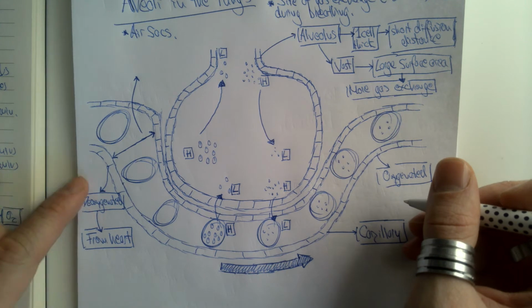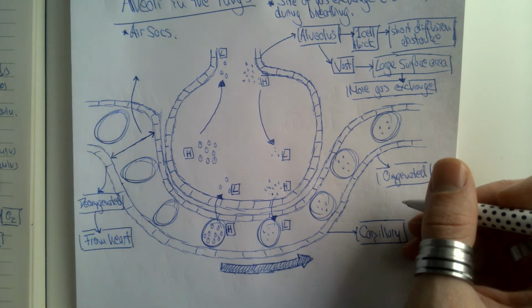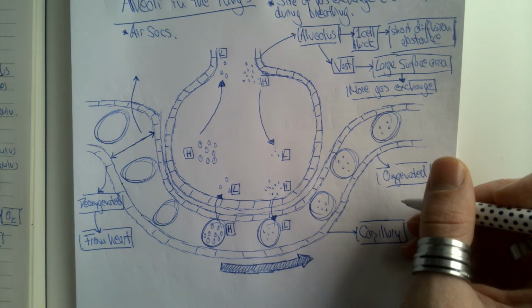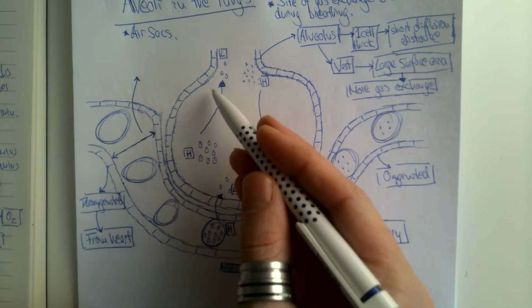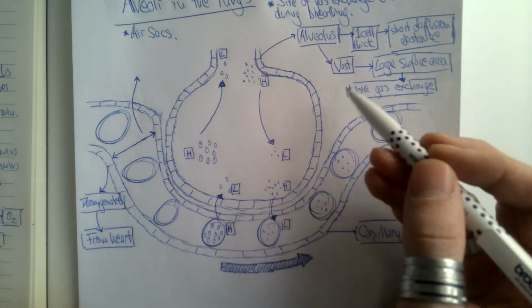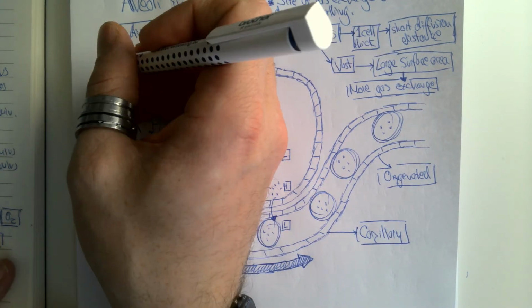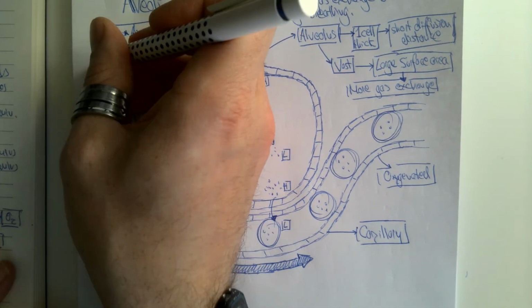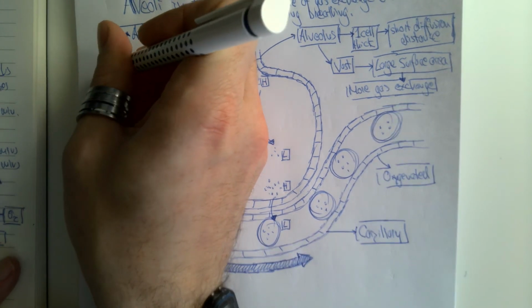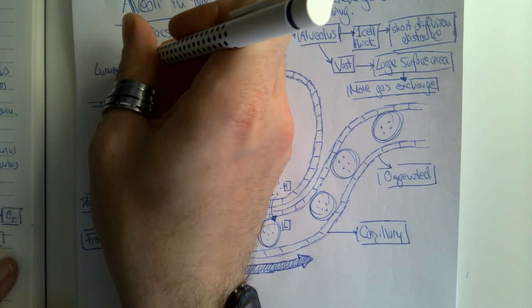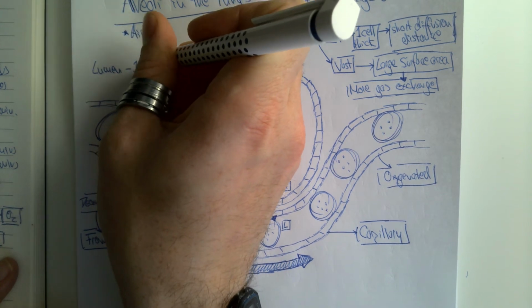So it starts off arriving at the alveoli and it's deoxygenated. Okay, so as well as the alveoli only being one cell thick, the capillary itself can also have a gap or a lumen that is one cell wide.